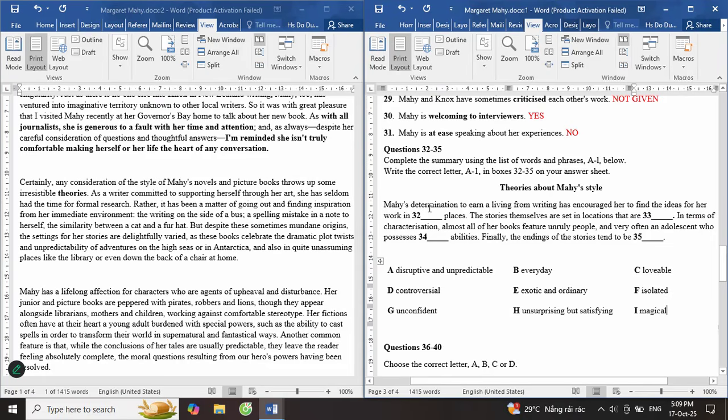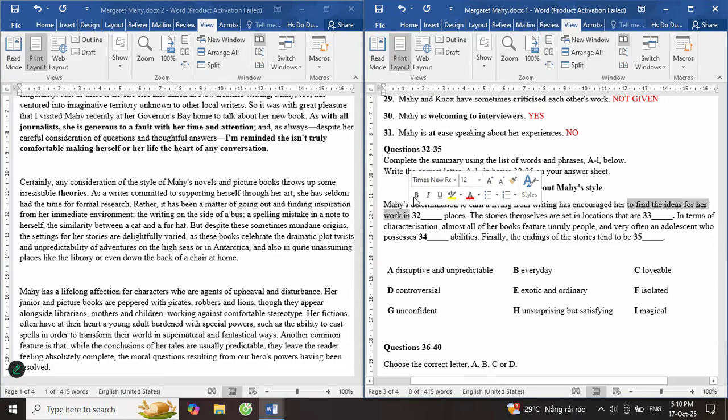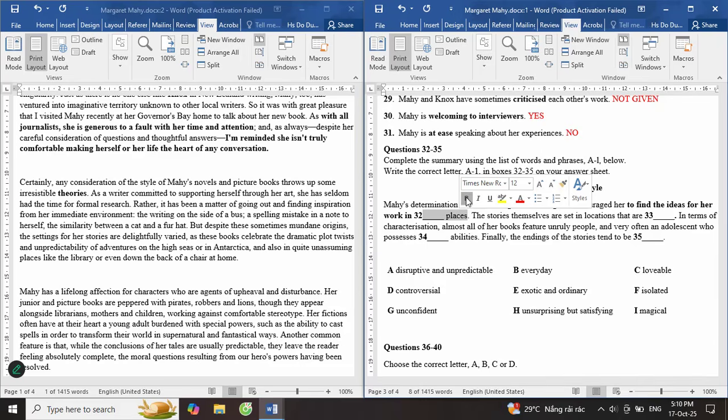Now, let's see the keywords for number 32, because we do see the word theories right here. Mahy's determination to earn a living from writing has encouraged her to find ideas for her work in places.